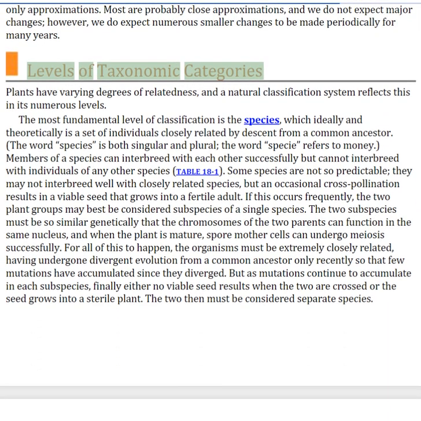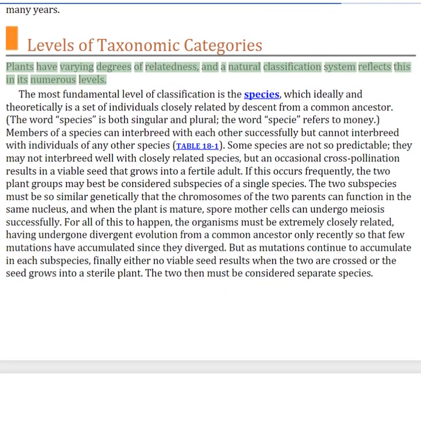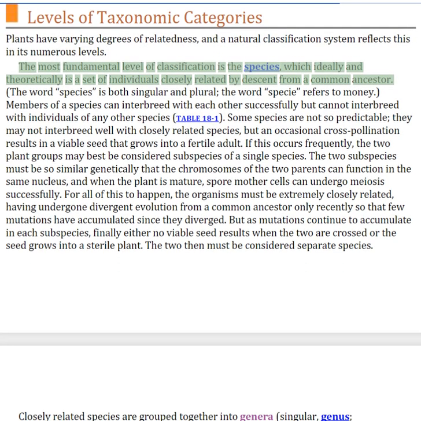Levels of taxonomic categories. Plants have varying degrees of relatedness, and a natural classification system reflects this in its numerous levels. The most fundamental level of classification is the species, which ideally and theoretically is a set of individuals closely related by descent from a common ancestor.